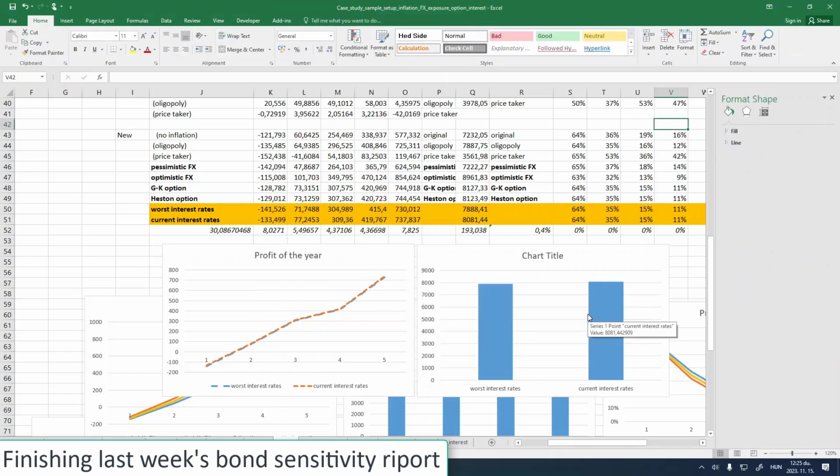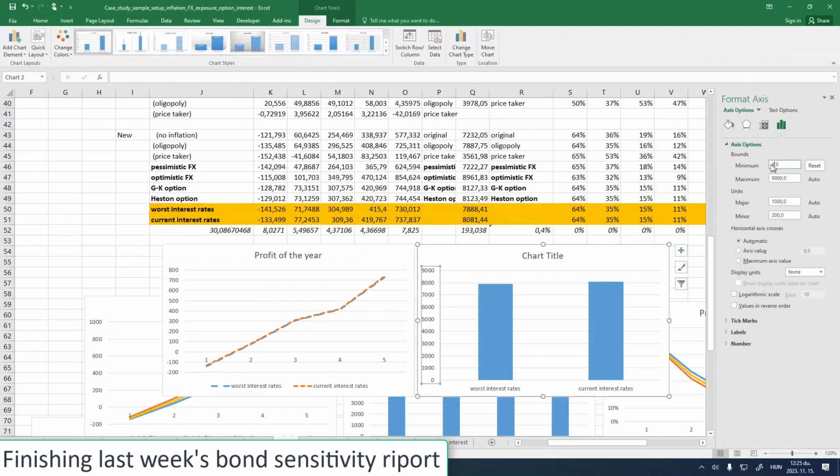Or maybe it's not the politician solution, because we are saying that, okay, let's compare everything to the original setup. So maybe instead of using 0 as minimum, we can use the baseline scenario.